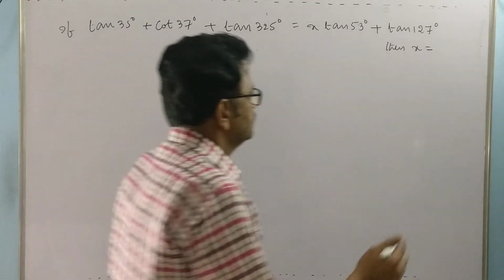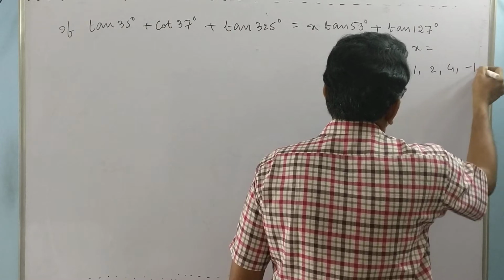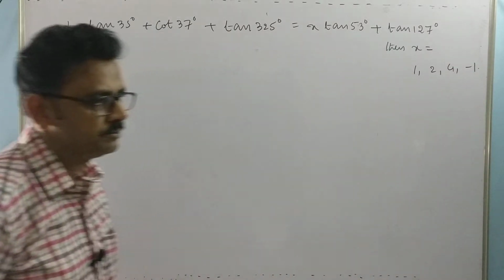See the options are 1, 2, 4, minus 1. So these are options.